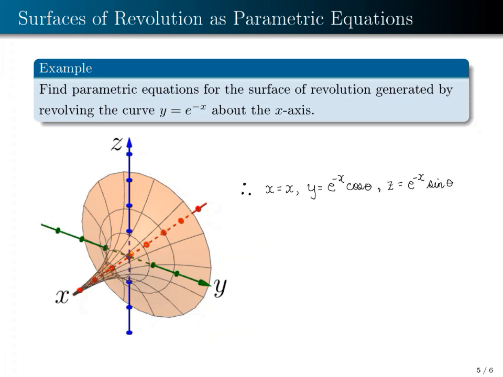Furthermore, we get another set of parametric equations for the SOR by setting y equals e to the minus x sine of theta and z equals e to the minus x cosine of theta. Remember that such parametrization is obtained if we consider the generating curve for the SOR to be the plane curve z equals e to the minus x in the xz plane.